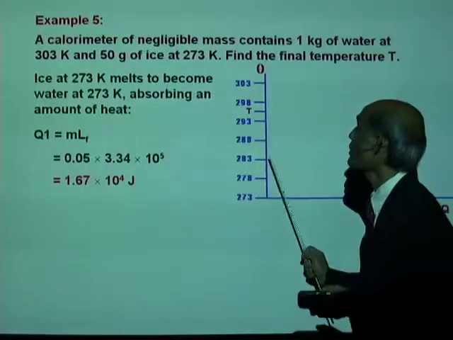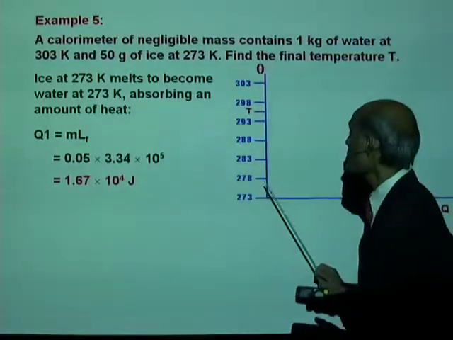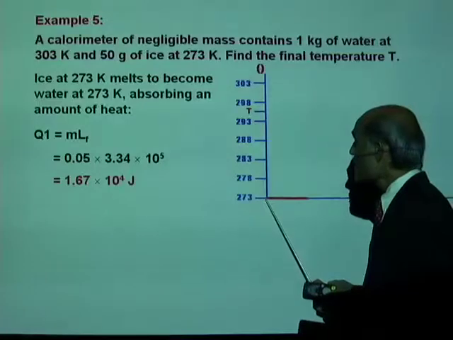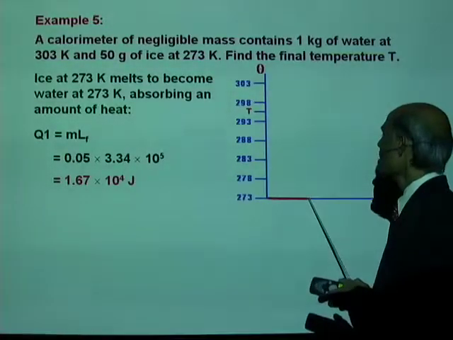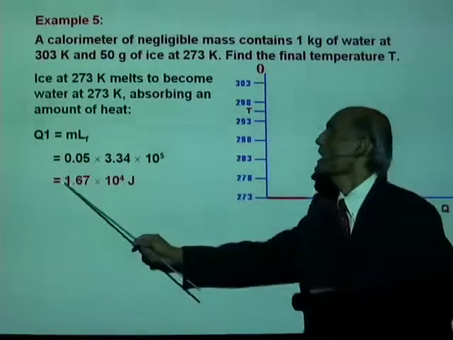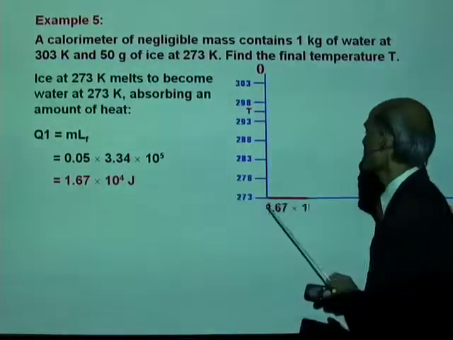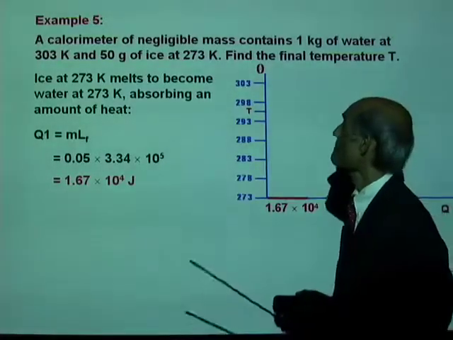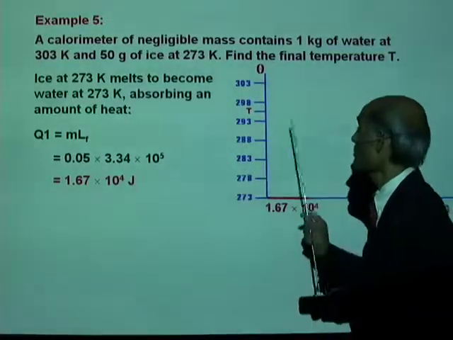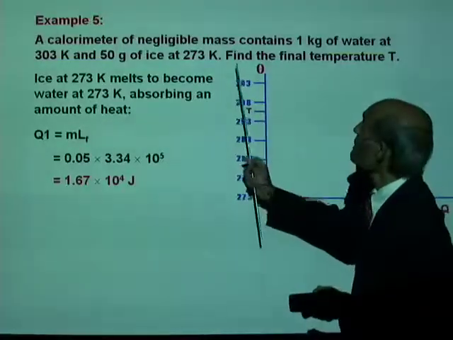Let's do that on the diagram. Ice at 273 Kelvin melts to become water at the same temperature, absorbing this much of heat, 1.67 times 10 to the 4. And now what happens? Let us say, what are we supposed to find?